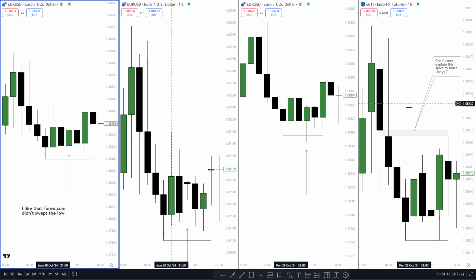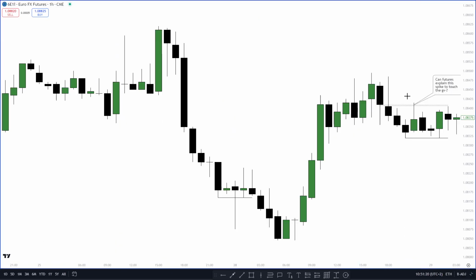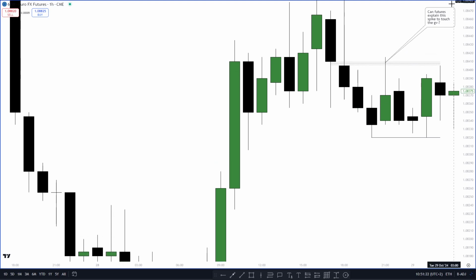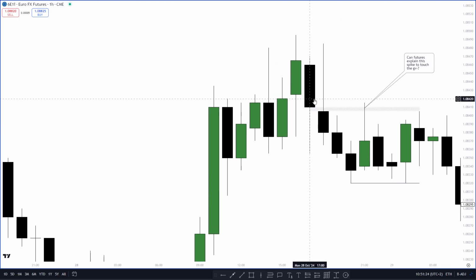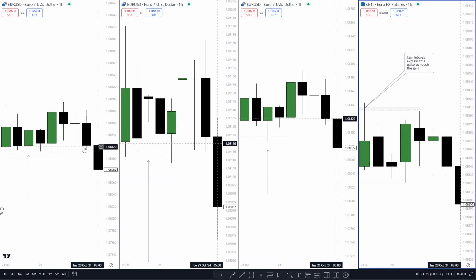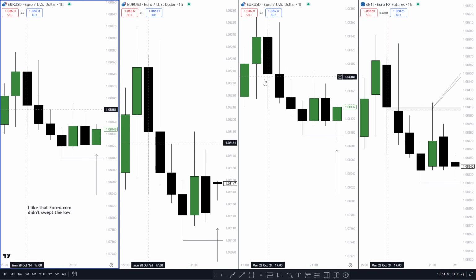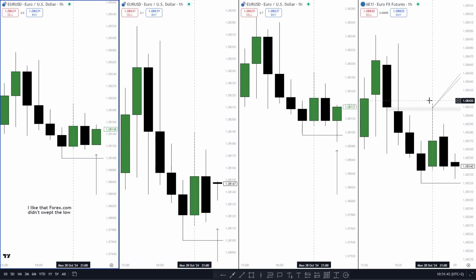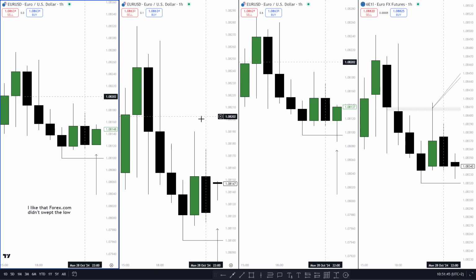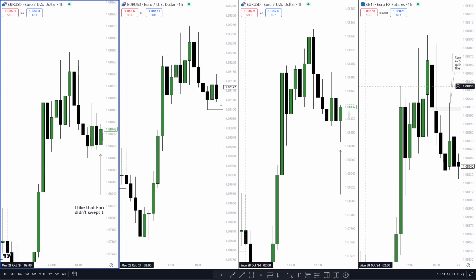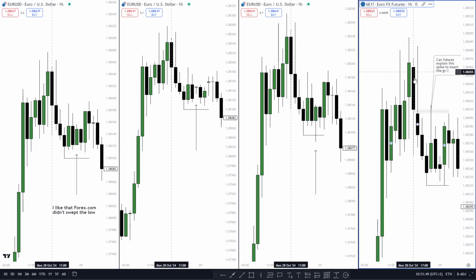Only on this data feed from CME, you could say that this GV acted as a magnet, and here you could look for some kind of confirmation on the lower time frame for a short. And here, it wouldn't be a POI for me. So none of them gave me this expression, only the CME.